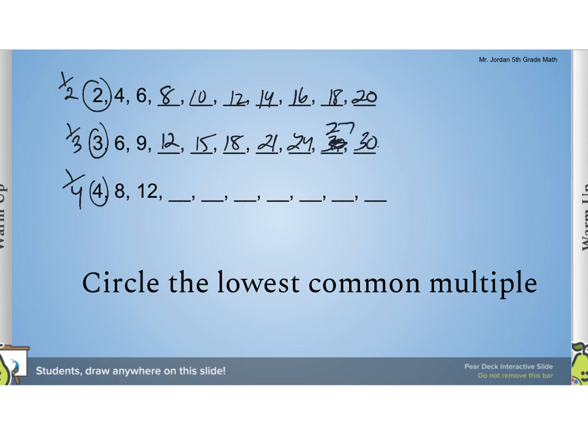Multiples of 4: 4, 8, 12, 16, 20, 24, 28, 32, 36, 40. What is the lowest number that they all have in common? These two have a 6, but then it would have to be 12, and 12 is the lowest common denominator.